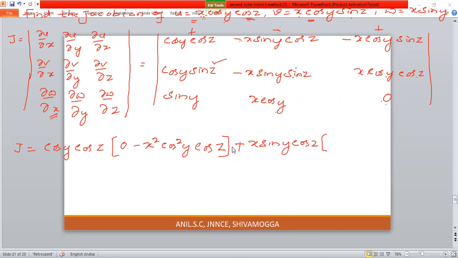We get a 2 cross 2 determinant like this. First left top to right bottom, cos y sin z into 0 is 0, minus x cos y cos z into sin y, which is x cos y cos z sin y.